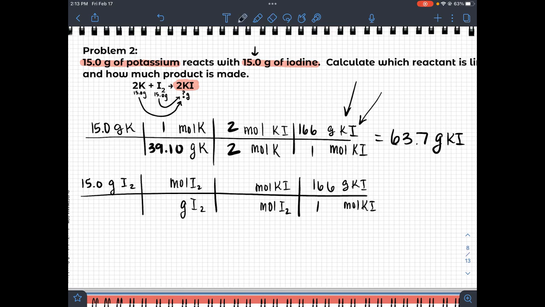This last ratio is going to be the same, 1 to 166. The ratio before it is moles to moles right here, so it's going to be the coefficients. KI has a coefficient of 2 and I2 has a coefficient of 1. And finally, back here where this arrow is, I've got moles to grams. So that's 1 mole equals the molar mass in grams. I2 is 126.9 times 2, 253.8.